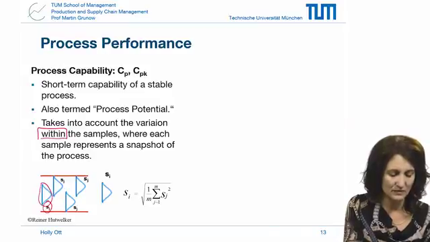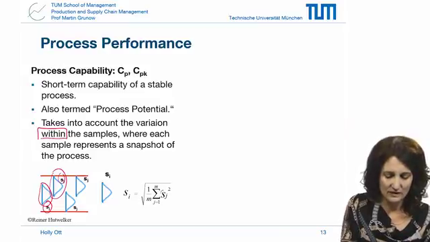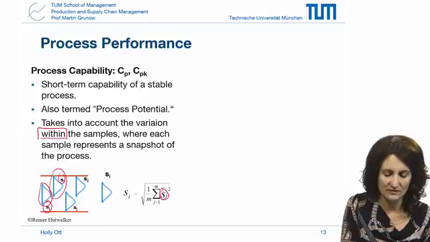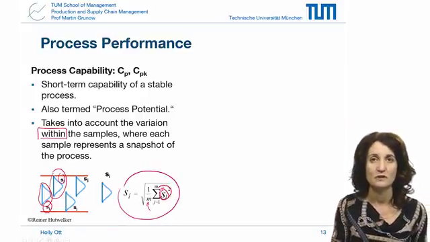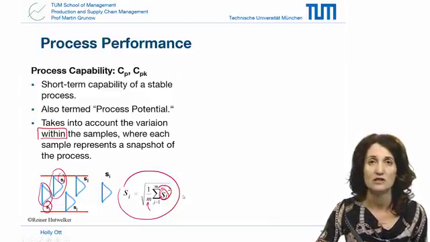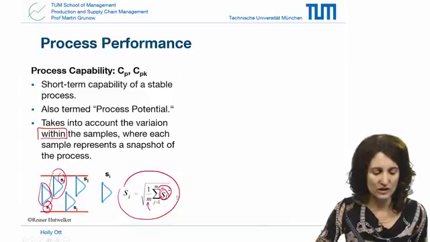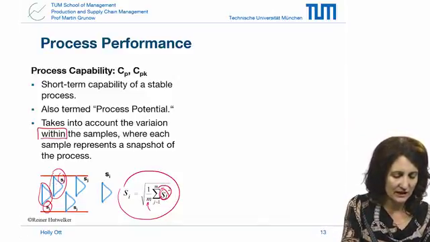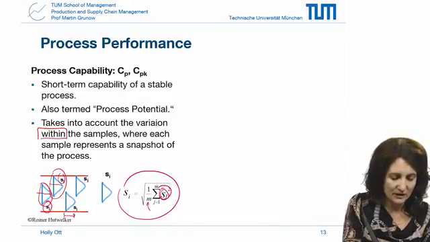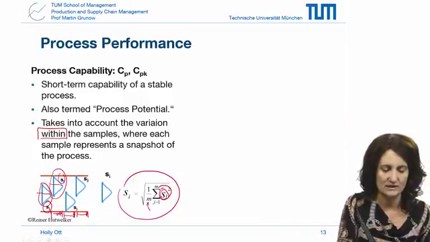You estimate the standard deviation, sample 2, and you take all of these individual sample standard deviations or sample variances, and you take the average of them to get an overall average standard deviation, which is looking then at each of your samples taken at each time is a short period of time. Each time you have just a short snapshot of your process.